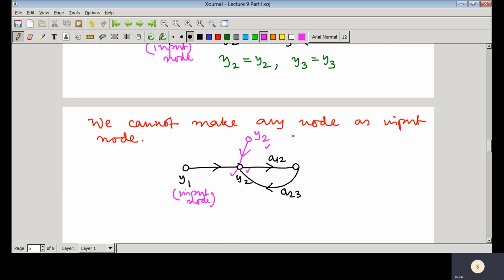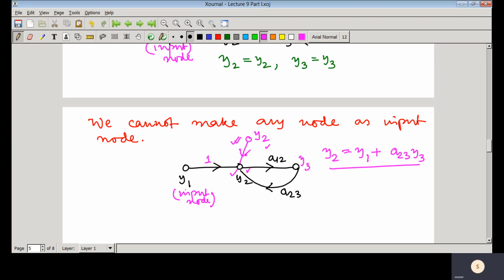Using signal flow graph algebra, what you had initially was y2 equals y1, suppose this gain is 1 again, plus a23 y3. Before adding this branch, we had this algebraic equation.